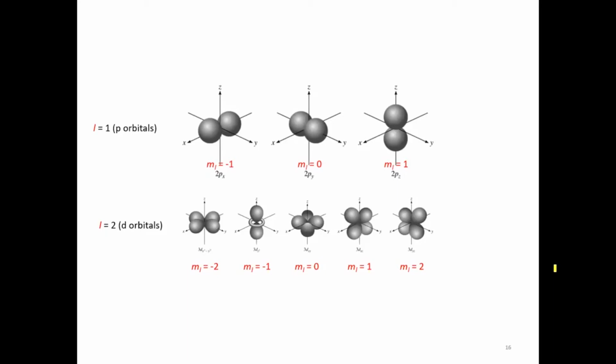They're mostly like 3 or multiple lobes, and some of them oriented along different planes. And of course, there's one that's a weird double lobe with a ring around the middle. Again, you don't need to memorize which value of ML corresponds to which particular d orbital. Just remember that there are 5 possible d orbitals, all right?